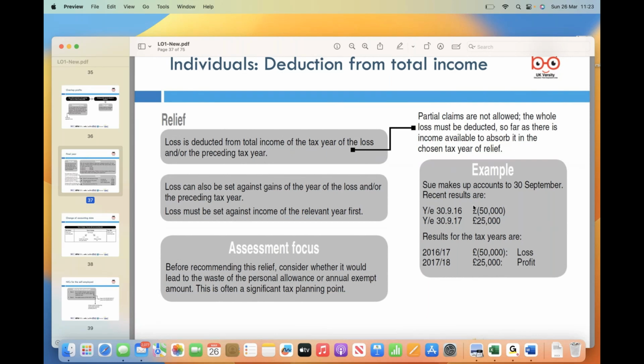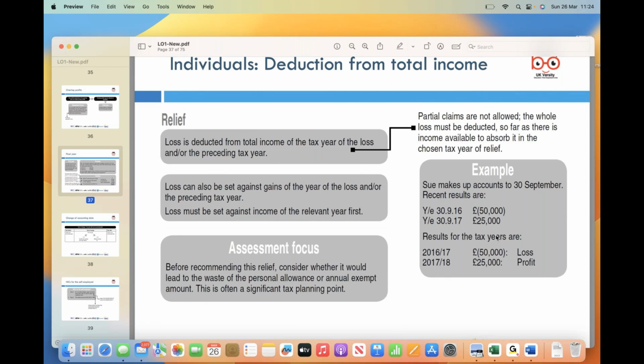The results are a 50,000 pound loss for one year and a 25,000 profit for the following tax year. The loss can be deducted from the total income of 2015/16 as well, and the profit for 2017/18 can be subject to taxation after deducting the carried forward loss.